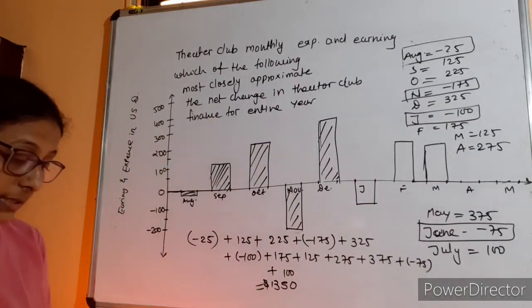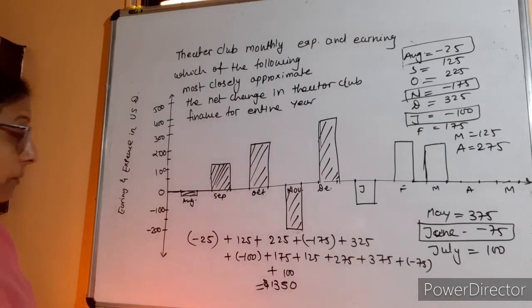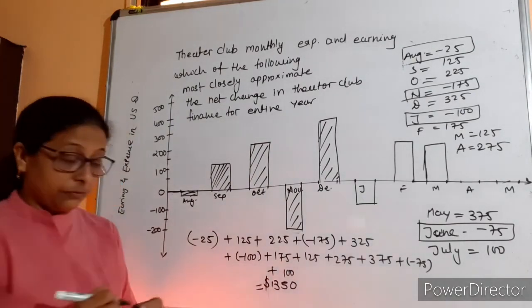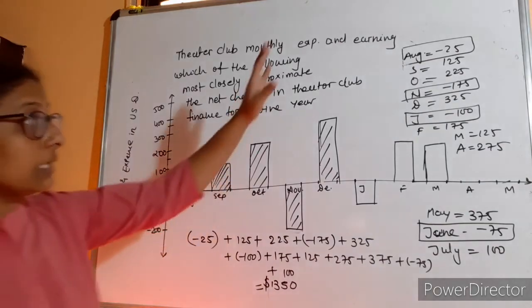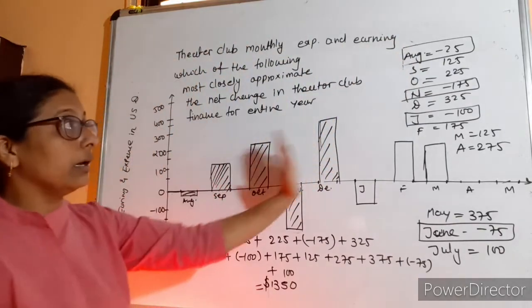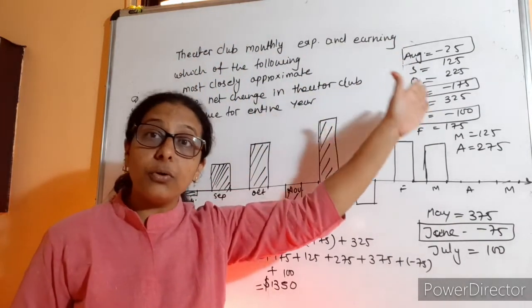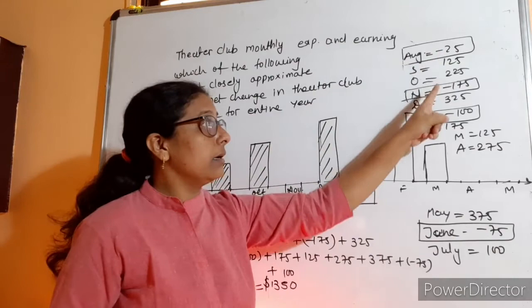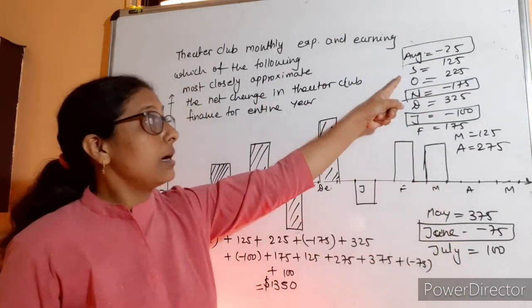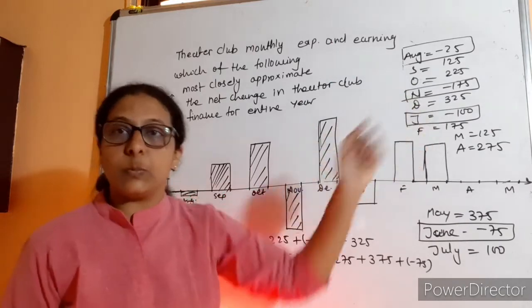So you know what it is? Here, you can find in which months it gives a loss, in which months this theatre club's expense is more: here, here, here and here. But in the other months, the earning is more than the expense.